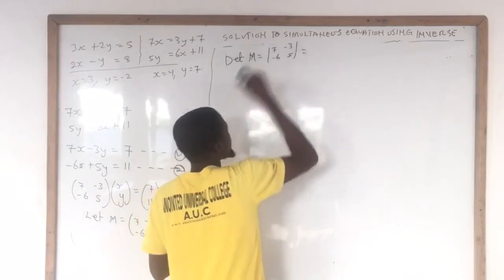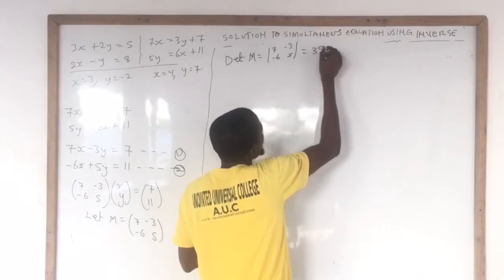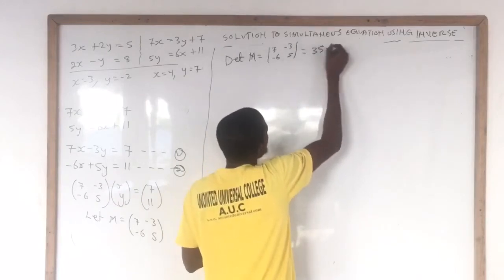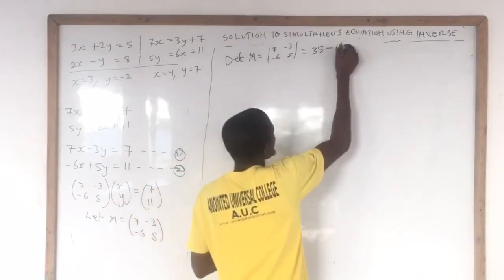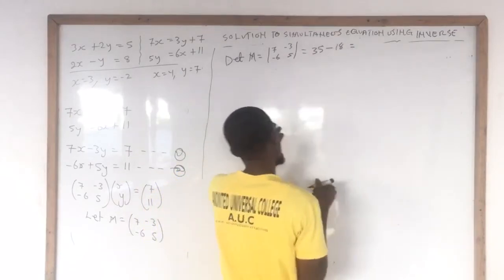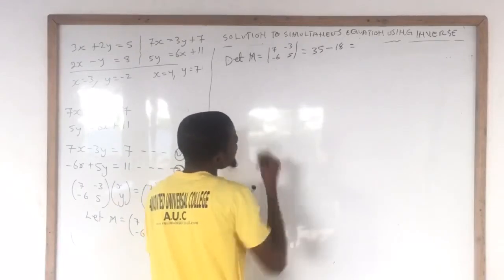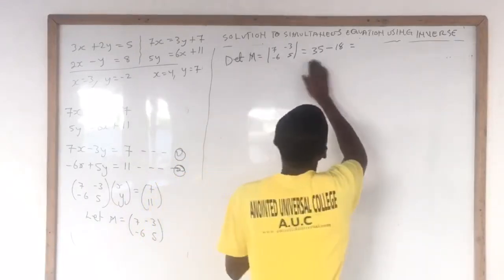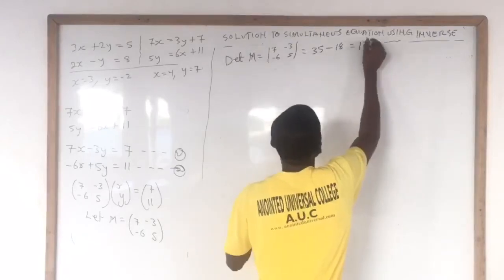So this is going to give me 7 times 5, 35, minus 6 times 3 is going to give me 18. And 35 minus 18, I think it's going to give me 17. Yes, it's going to give me 17.